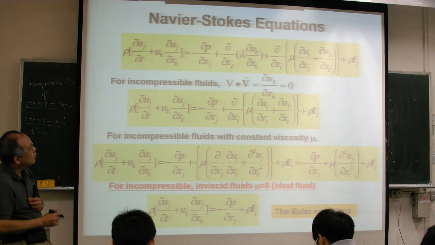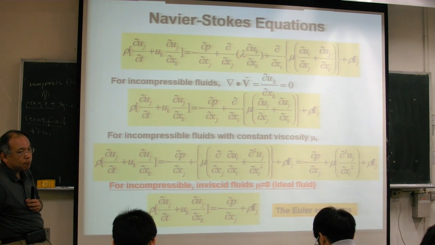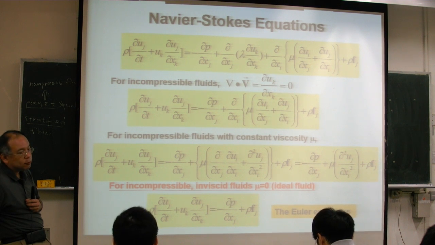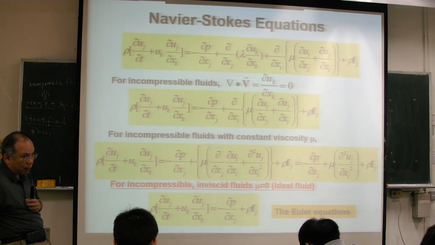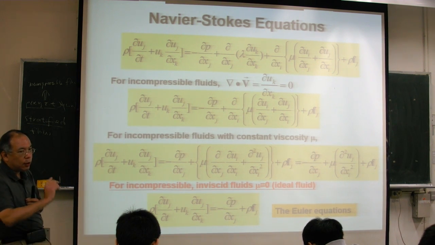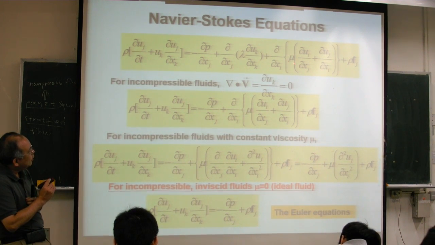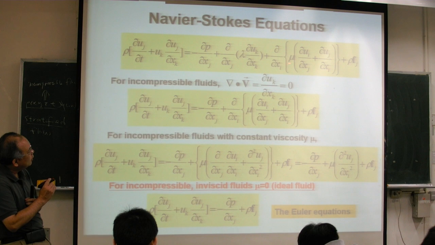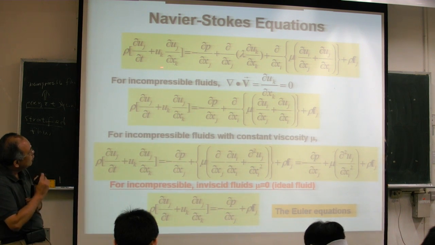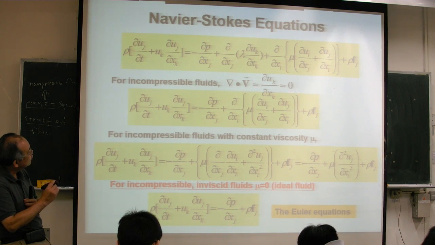Navier-Stokes equation. This is the full Navier-Stokes equation. Right? We derived that at the end of chapter 1. We call it the full Navier-Stokes equation, without any assumption, with viscosity. So here, under the incompressible flow assumption, divergence u is equal to 0.